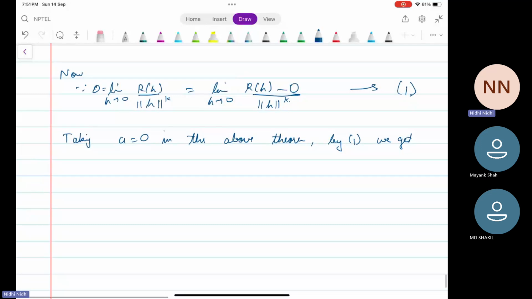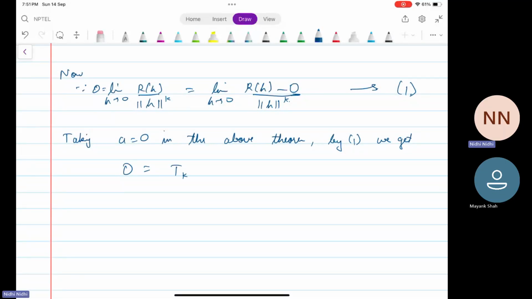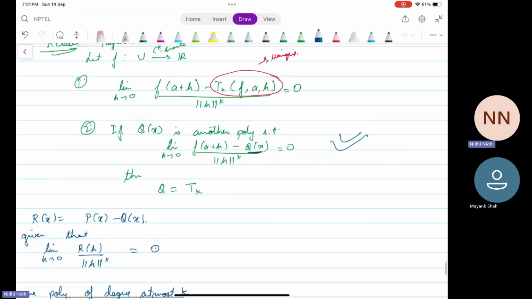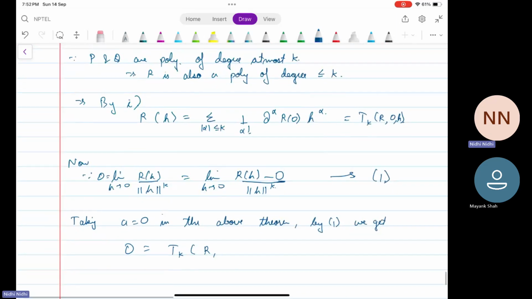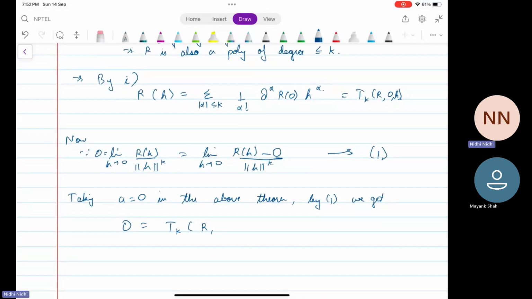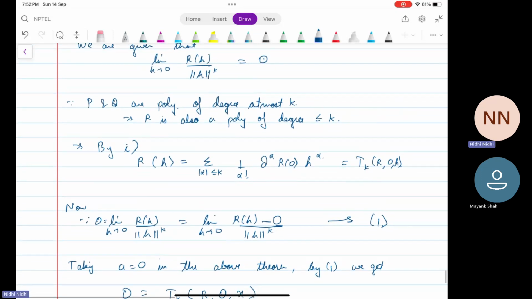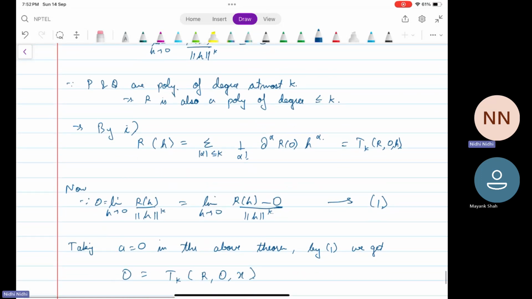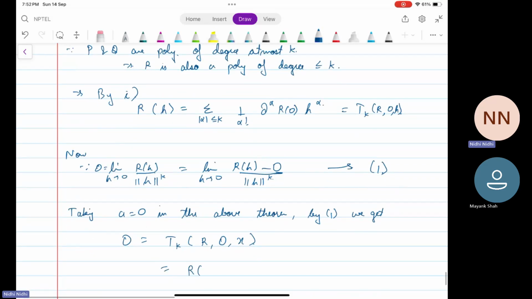So from here 0 is equal to T_k r at 0 of x, and we know that T_k r at 0 of x is equal to r(x).